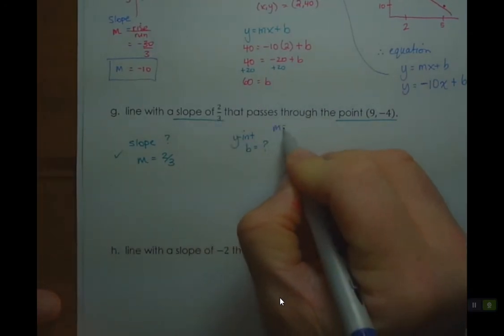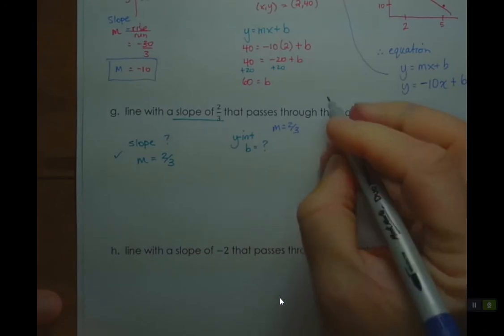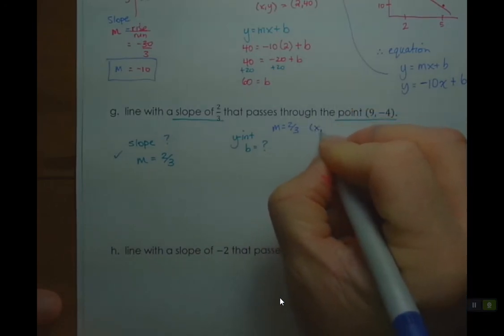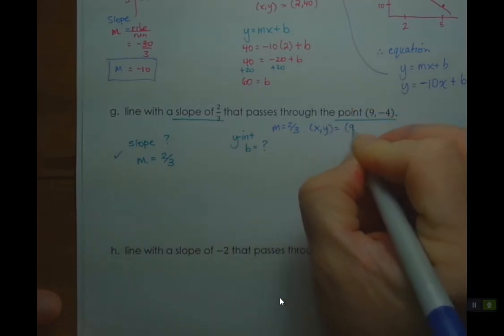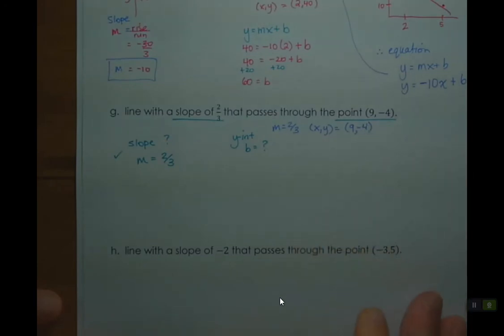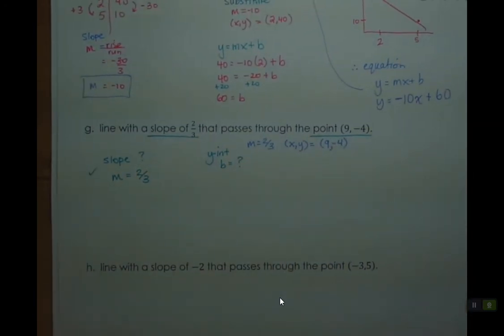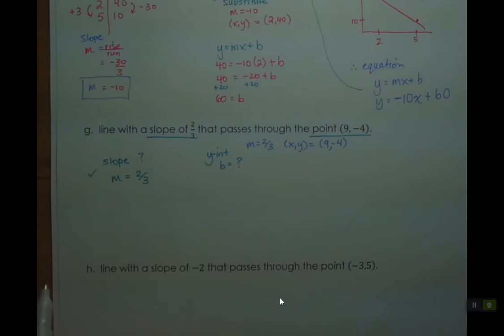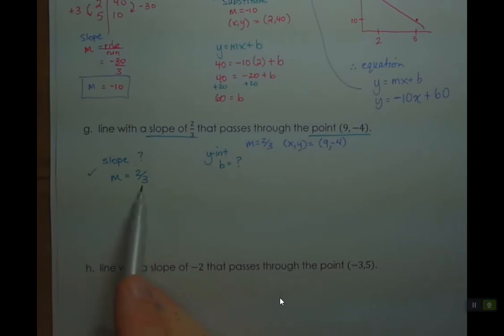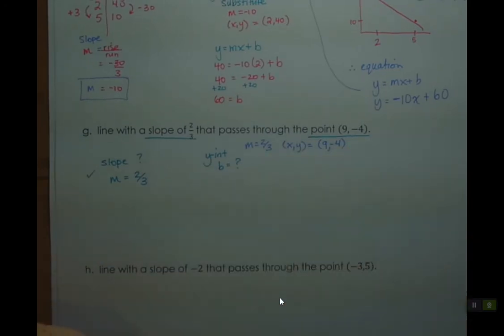We know that our m is 2/3, and we know our point, x, y, is (9, -4). Sometimes our y-intercept may not be a whole number, but that's okay, because our slope is not a whole number either.